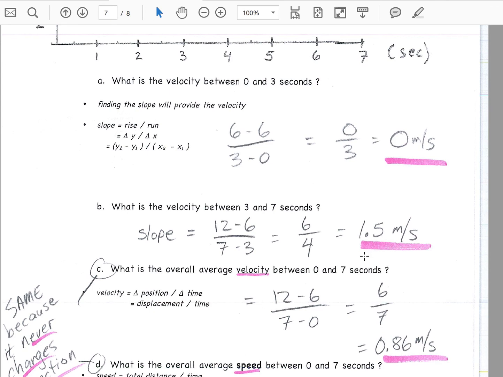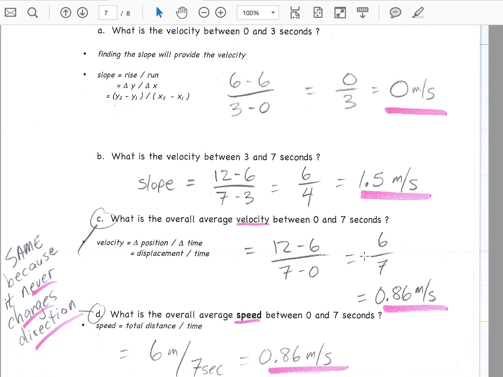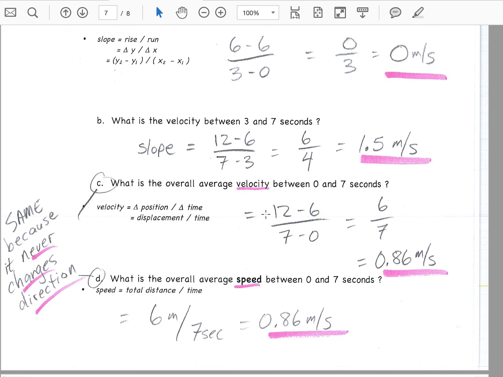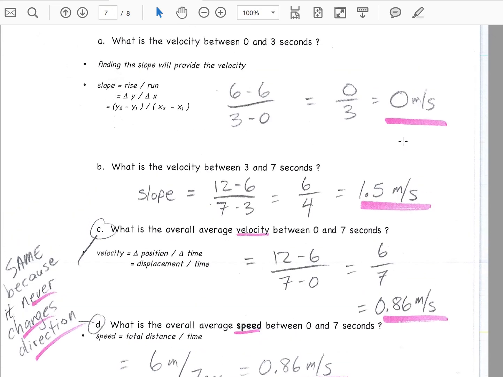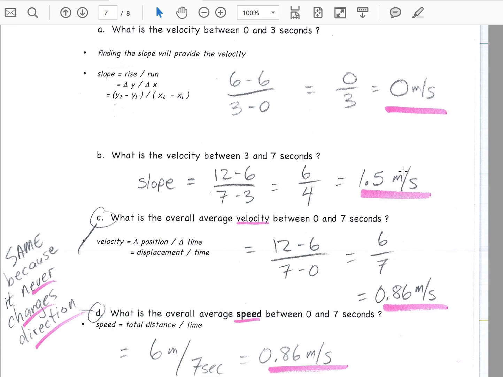Now to get the overall average velocity, you can't just average these two numbers. And the reason is because the first velocity you found is for 3 seconds. The second velocity is for 4 seconds. So they're not equal parts of the journey, so I can't just average those two numbers.